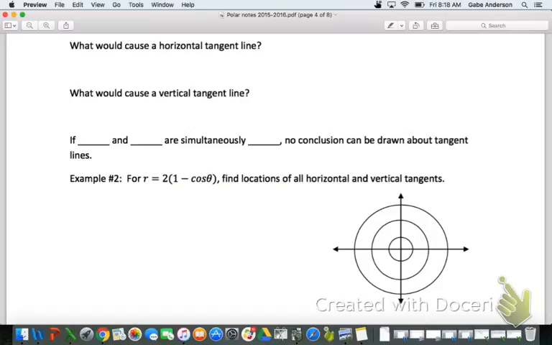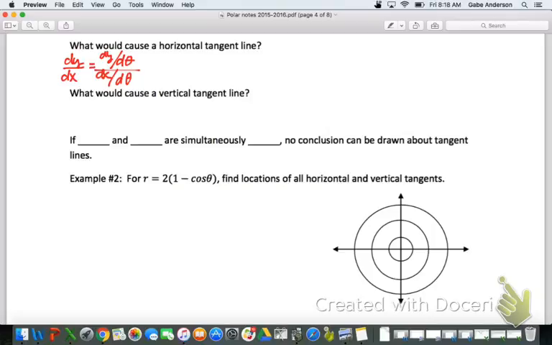So thinking back, let me just refresh our minds about this. Thinking back to the idea that dy dx equals dy d theta over dx d theta. What do you think would cause a horizontal tangent line? Say one more time, Jared. It's actually the other way around. We want the numerator to be 0. So I'm going to put it like this.